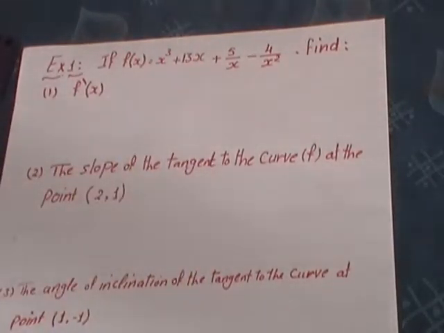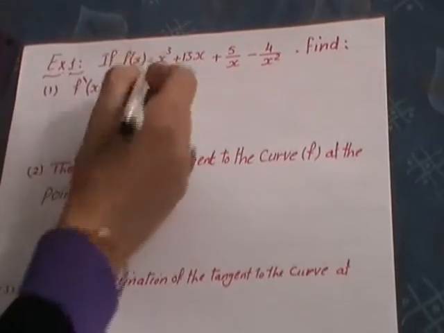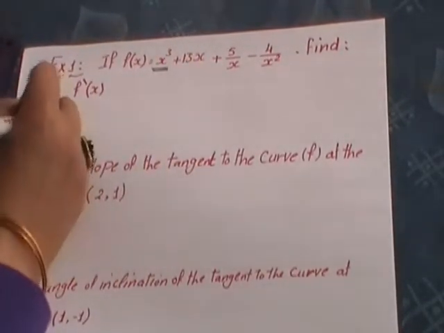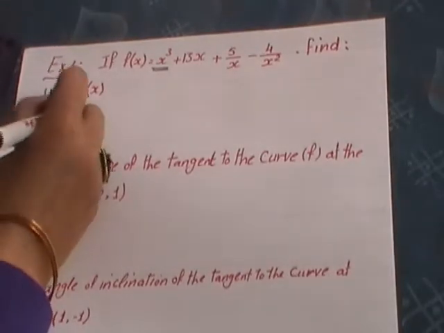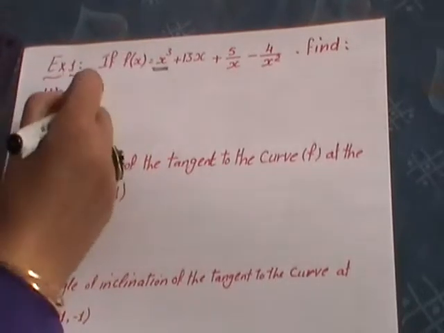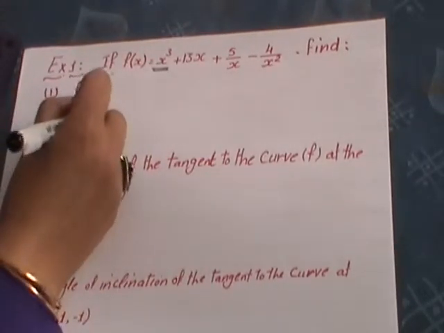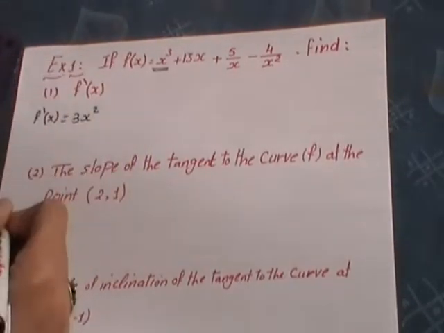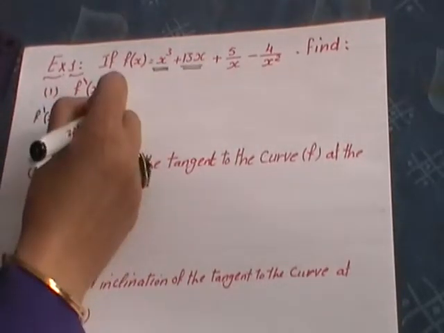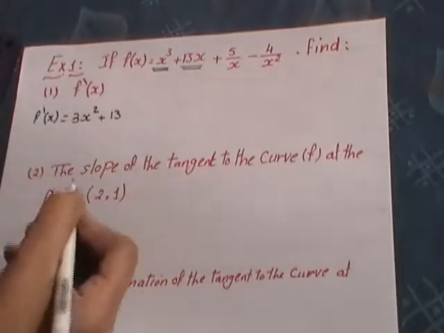Like this. We start with the first term, x power 3. F dash equals the first derivative of the first term, x power 3, which will be 3x power 2. And the second term, 13x, will be 13x power 0.